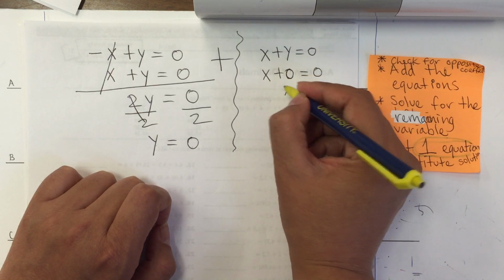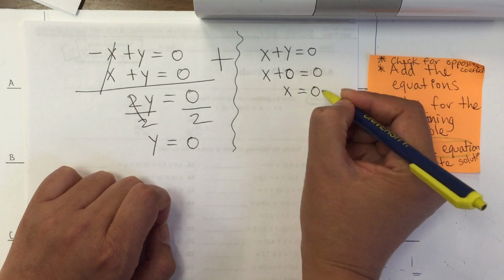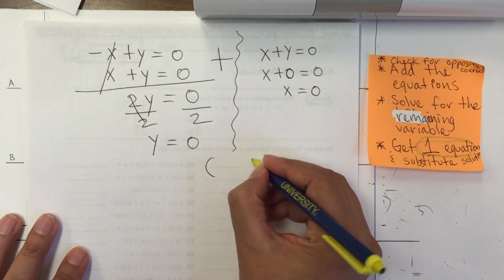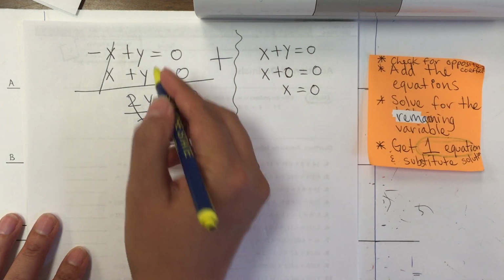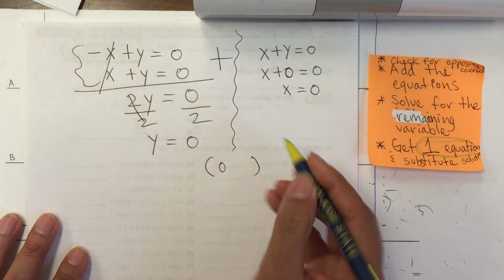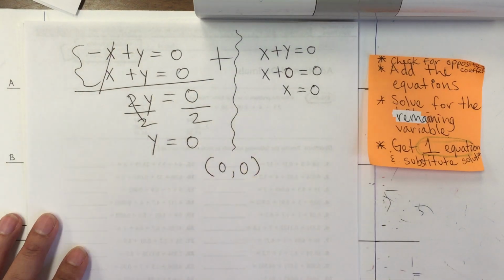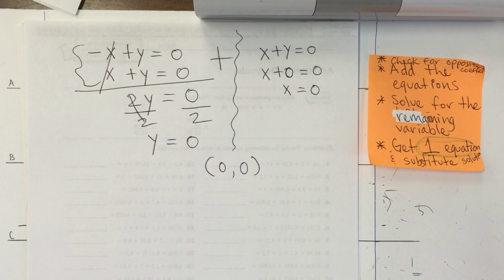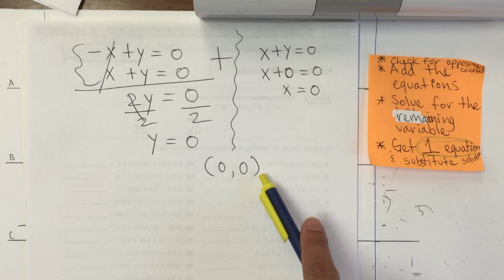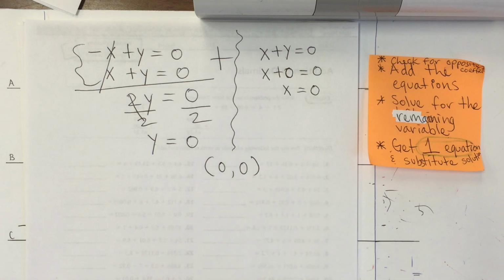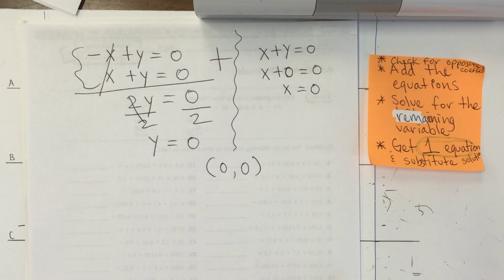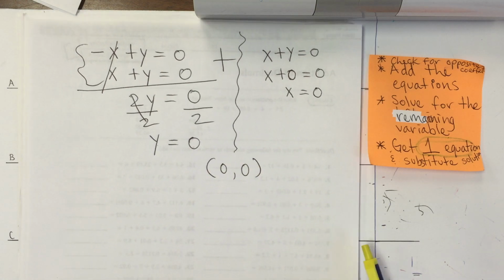And then x plus 0 is x, and you just bring down your 0. So this system of equations will meet at the origin at (0, 0). Okay. Please do write your answer always as an ordered pair, as a coordinate, because that's what I'm going to be looking for.